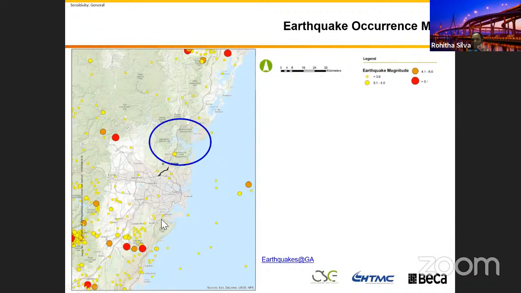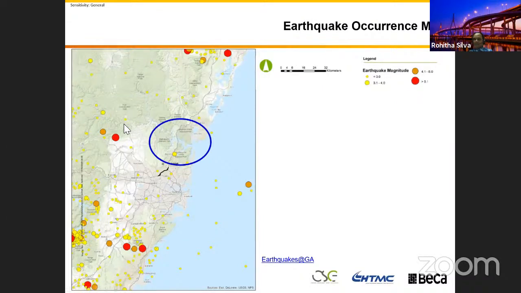These dots are earthquakes. The colors differ: a red dot is an earthquake measured on the Richter scale as greater than 5.1, which we consider a significantly large earthquake, happening on land.